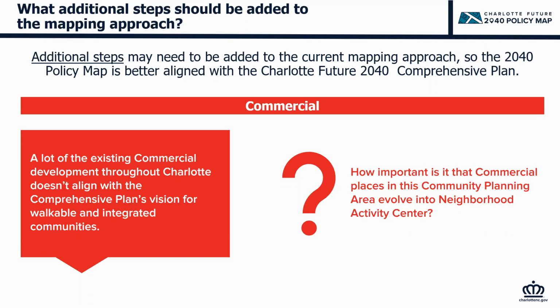Maria, could you further clarify that sentence? Because having read the UDO, I think a neighborhood activity center is not just walkable, it has housing or something in it. Am I correct? Yeah, so a neighborhood activity center is going to have more of a mix of uses than just straight commercial, and it's going to be more walkable and a little bit of a smaller scale.